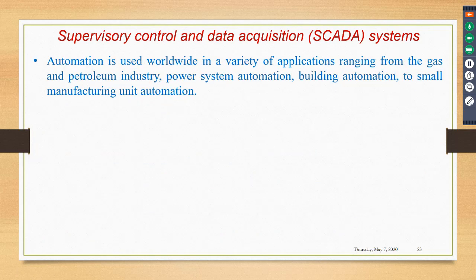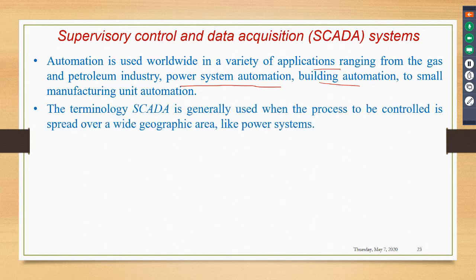Automation is used worldwide in a variety of applications, ranging from the gas and petroleum industry, power system automation, building automation, and water irrigation, to small manufacturing unit automation. The terminology SCADA is generally used when the process to be controlled is spread over a wide geographic area.